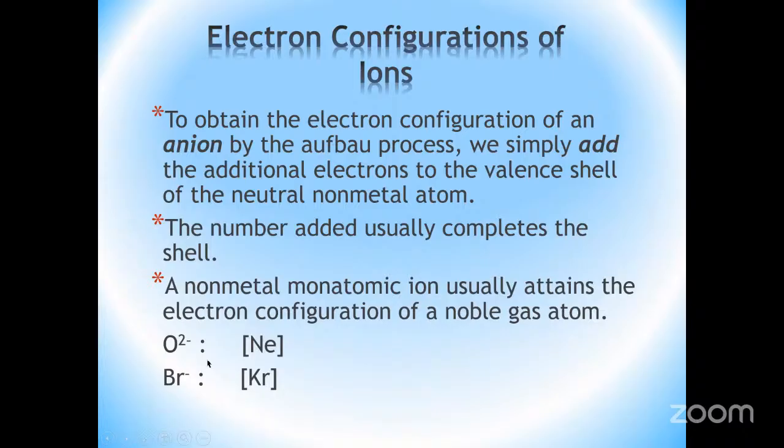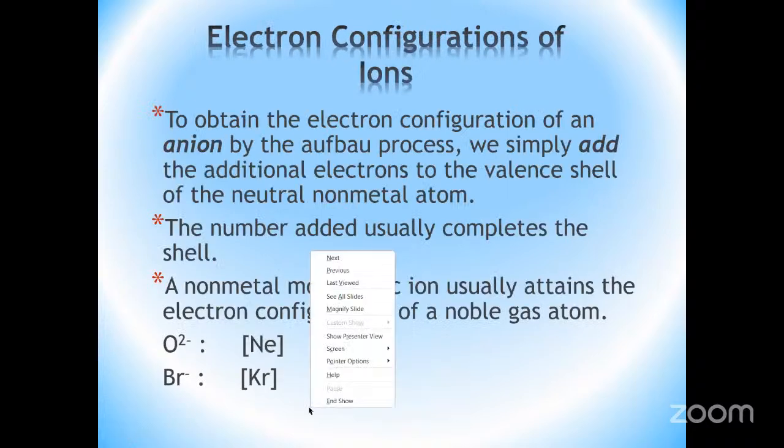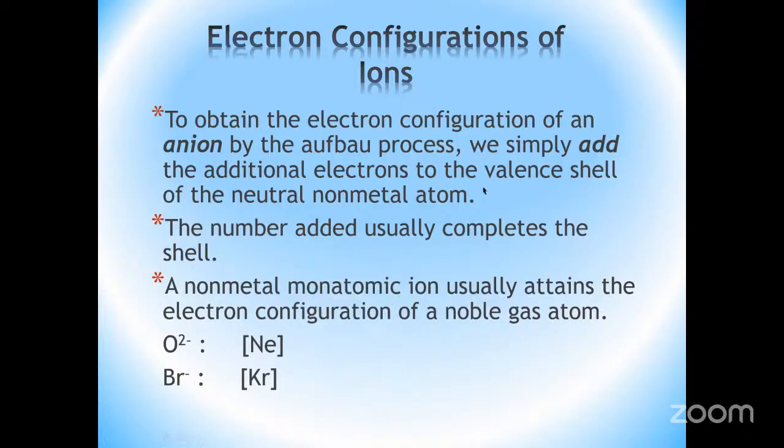So basically, you're going to add 1 more electron to the bromine to end up with 8 electrons on the outer shell. And the result of that is that the bromide ion that is formed will have the same electron configuration as the nearest group 8 element, which in the case of bromine would be krypton. All right? And that's basically how we determine the electron configuration of anions.